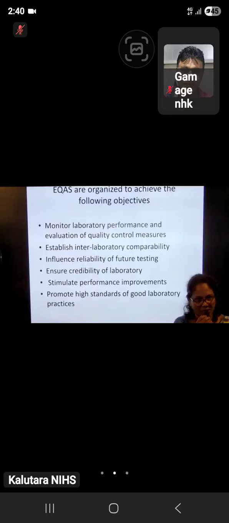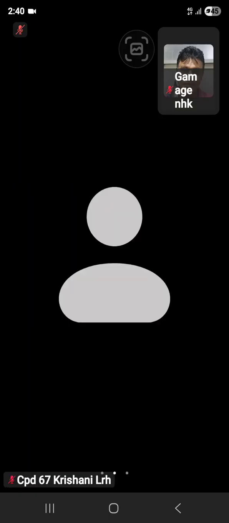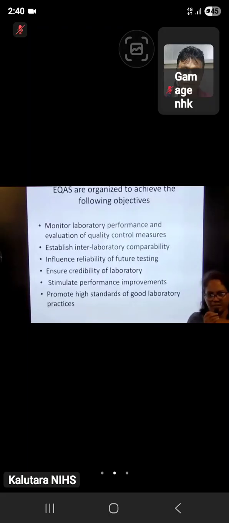And the most important thing is ensure credibility of the laboratory. Right? So it gives the credibility of the laboratory if your performance is correct. Stimulate performance improvement and promote high standard of good laboratory practice. These are the objectives of the EQA program.